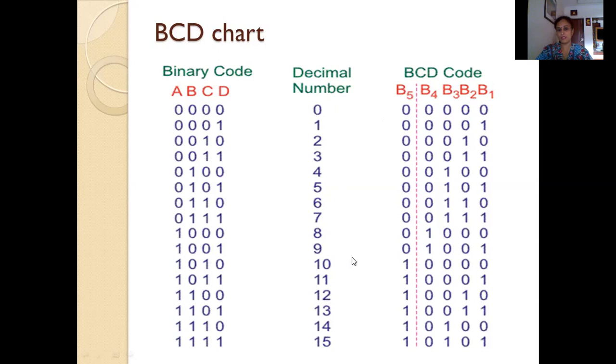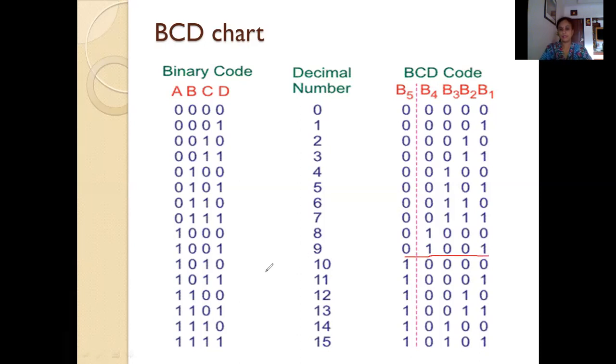From number 0 to 9, the codes are 0000, 0001, 0010, 0011, 0100, 0101, 0110, 0111, 1000, and 1001. Okay, so decimal number 0 to decimal number 9, you can have this particular BCD coding.